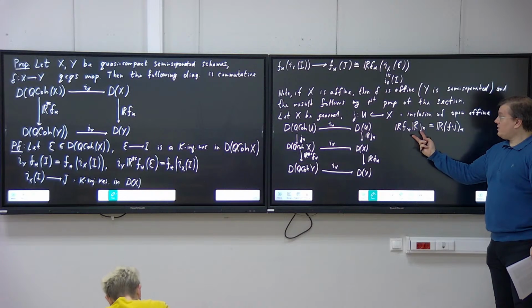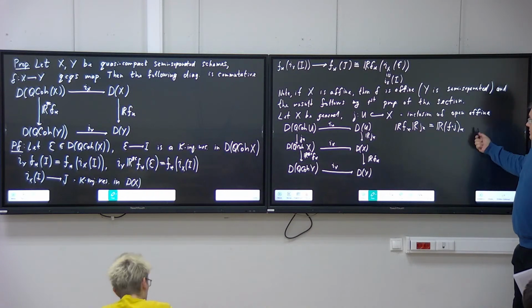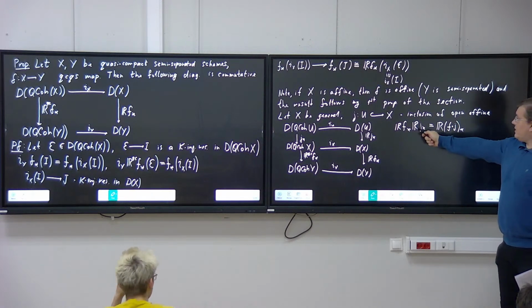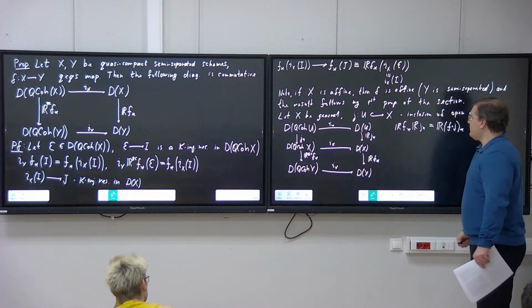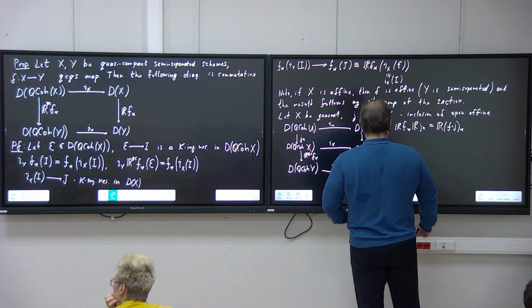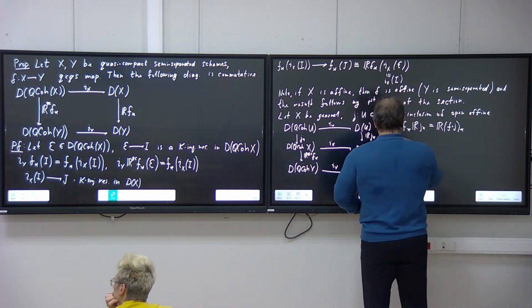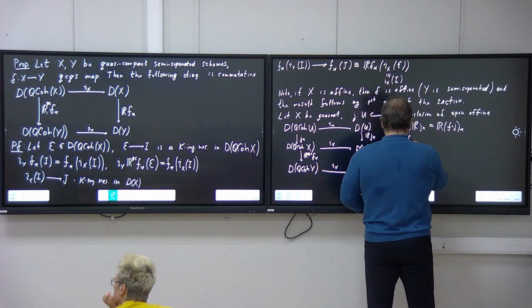But there's a little argument hidden here. You need to check that the derived functor of some map preserves the property of being K-injective, but that's true. It's very easy to verify. And so this is one identity, and the other identity for the derived functors is for D QC.